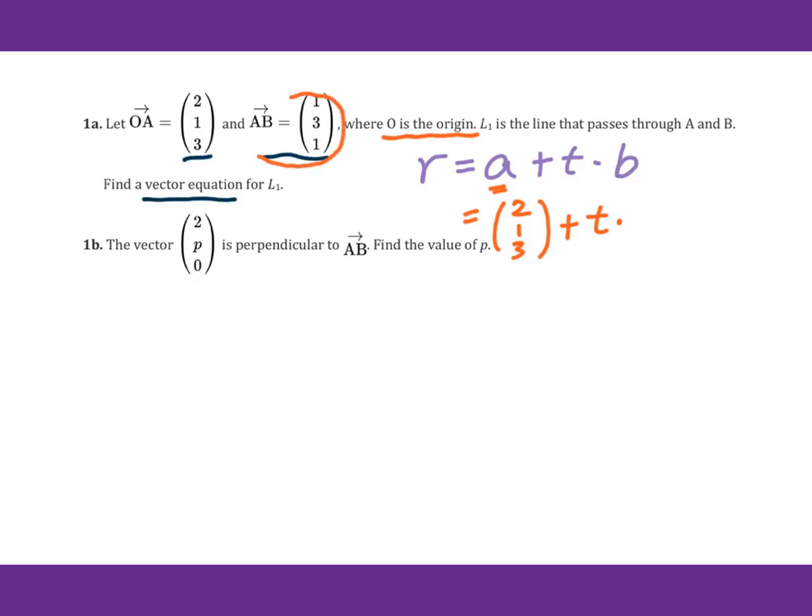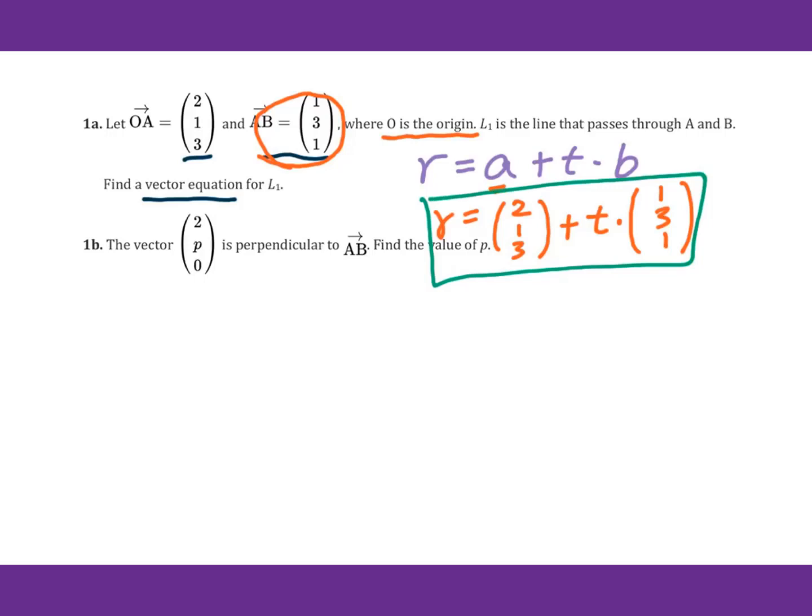AB is the direction vector. Therefore, we use 1, 3, 1. This will be the solution for 1a.